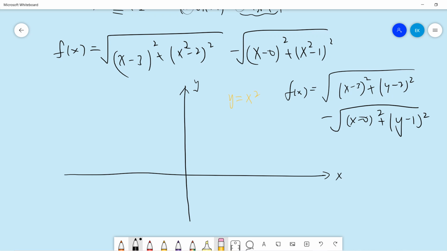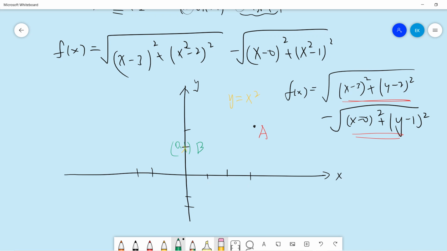Let's set some coordinates. We have a point (3, 2); let's call it A. And this is (0, 1), in green; let's call it B.